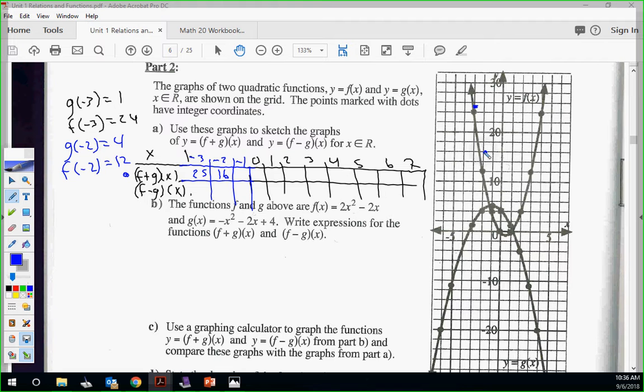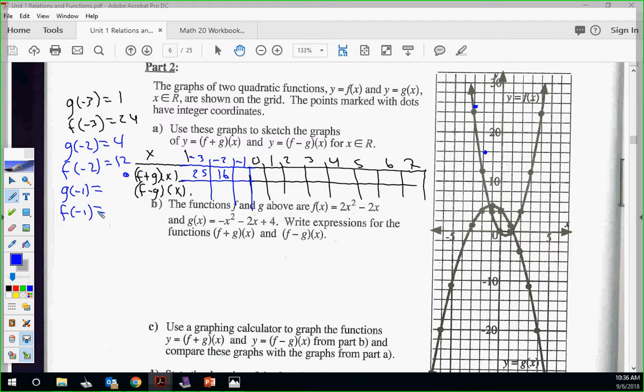Okay, one more, and I'll pause it, let you do the top row, and we'll start the second row together. G of -1, f of -1. You don't have to write those out if you don't want. It's just a little organizational tool. All right, so at -1, g is up a little bit higher.